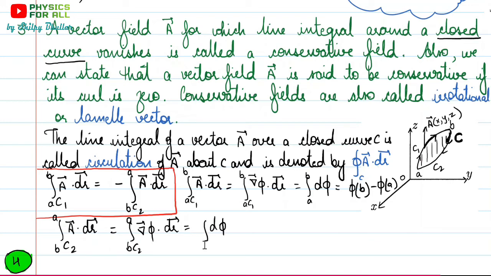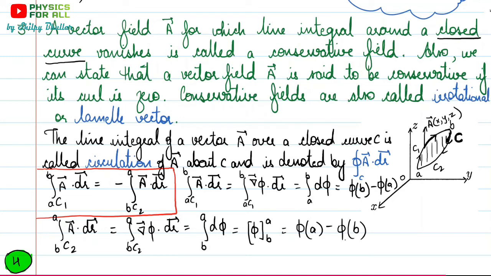Here we have this from B to A, because curve C2 represents the vector going from B to A. So again, this would be phi, and we substitute the limits, and that would give us phi A minus phi B, because it is always upper limit minus lower limit.